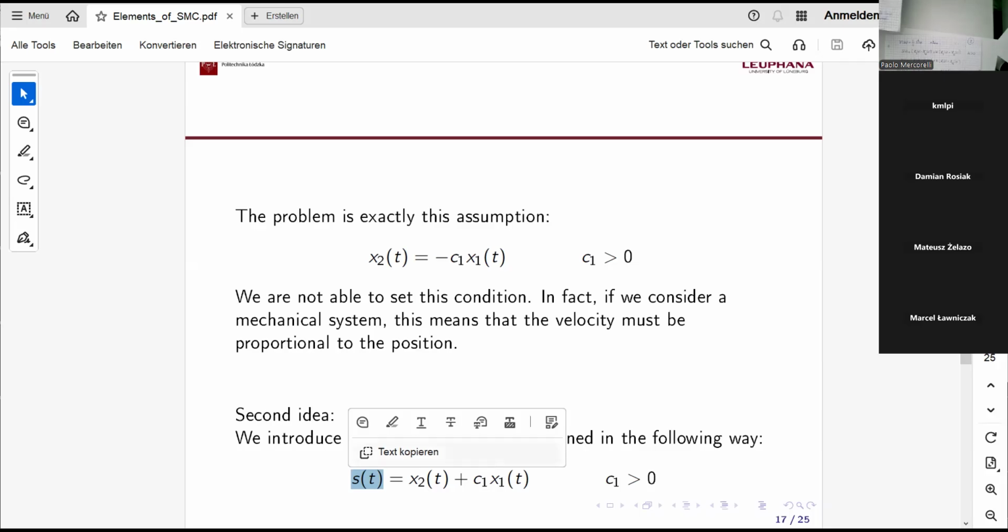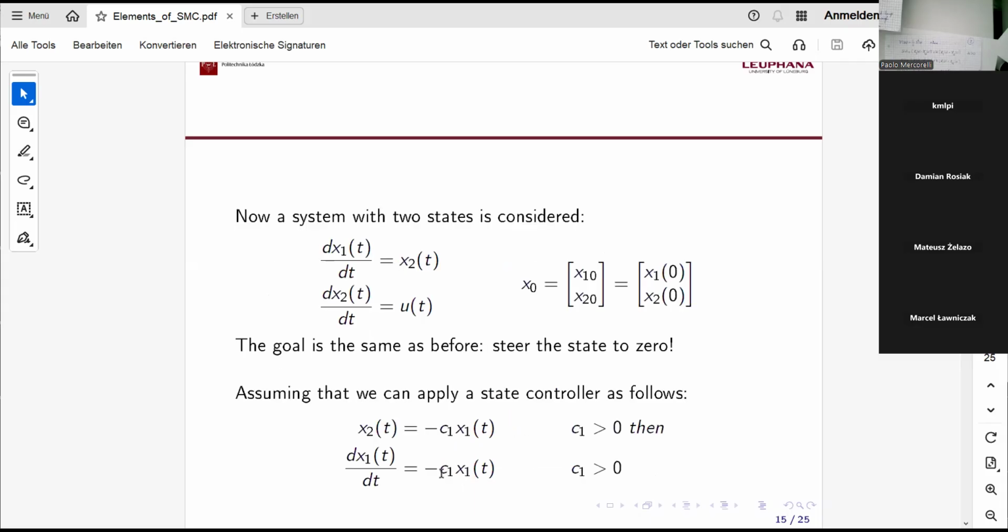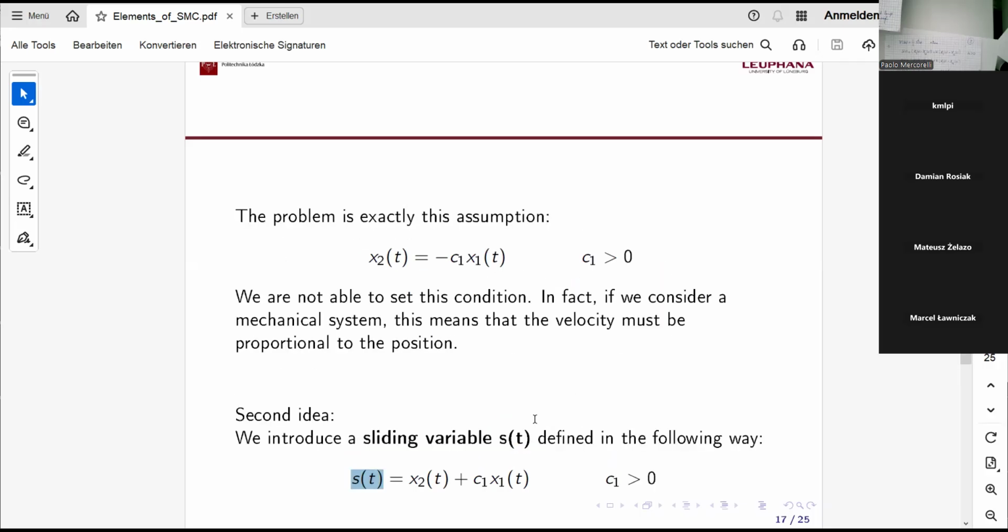Now, in our case, it's exactly the same here. You remember, at the beginning the idea was to steer, to control the system to 0. You remember, I have these initial conditions, and the problem is always the same: to steer the state to 0. In our case, our 0 is our desired position. It could be 1 meter, could be 2 meters, could be slow and comfortable oscillations, a sine function.